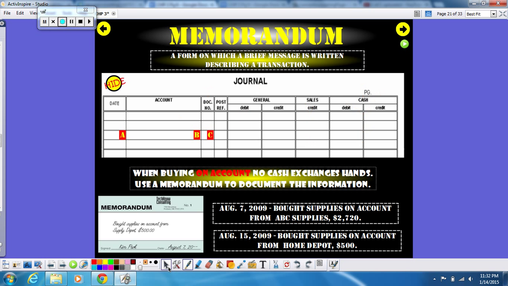All right, let's take a look at exactly how it looks. Here's how it should look. Boom. The date, supplies and ABC Supplies. We use an M for memorandum, so M1 will go here. We put our money here, 2,720. That's how it should look. Now the second one is yours. You have to do that one. I'm not going to give you the answers on that one.